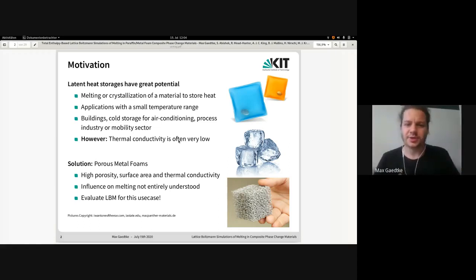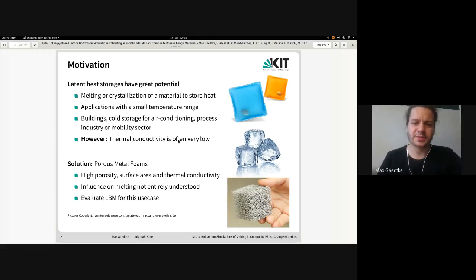In the industry, this would be providing buildings a constant working temperature, if you think of office buildings that are air-conditioned, in making air conditioning more sustainable, putting a buffer inside as well, but also in the process industry, think of reactors or other processes that emit heat or need heat.